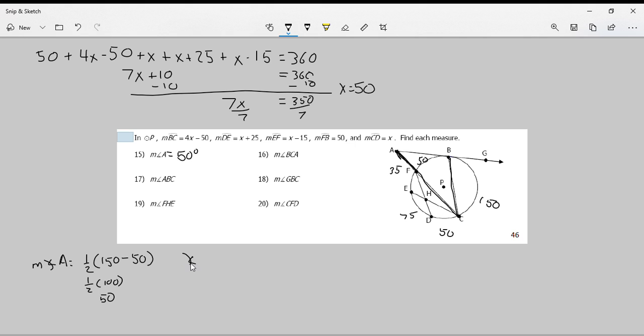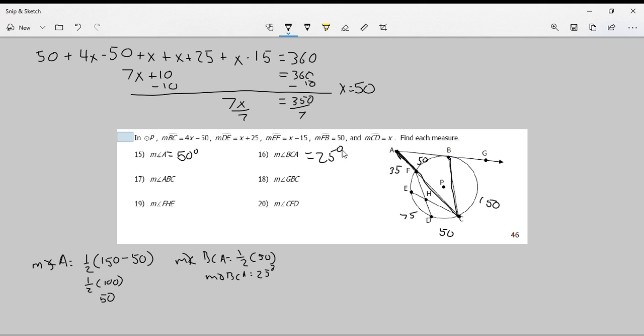So the measure of angle BCA is equal to 1/2 its intercepted arc, which is BF. So it's 1/2 of 50, and the measure of angle BCA is equal to 25 degrees. So again, here it is, BCA, its intercepted arc is 50, 1/2 of that, 25.